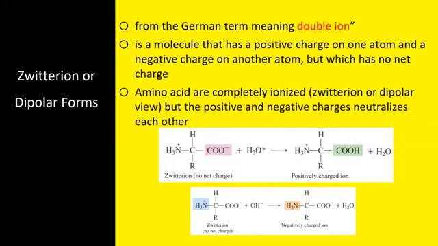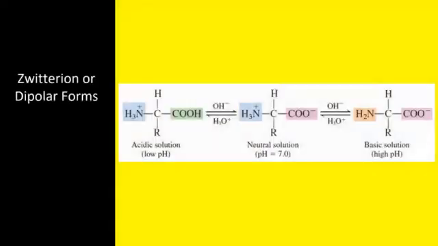Okay, so we have an example here. If the Zwitterion is in the middle, it is our neutral solution. So it will depend on the added solution. It can be acidic or it can be basic. It will depend on the molecule or the solution that was added.